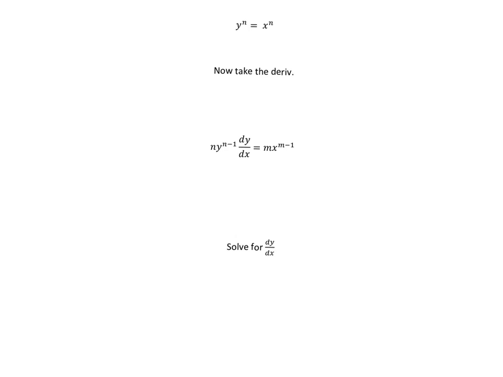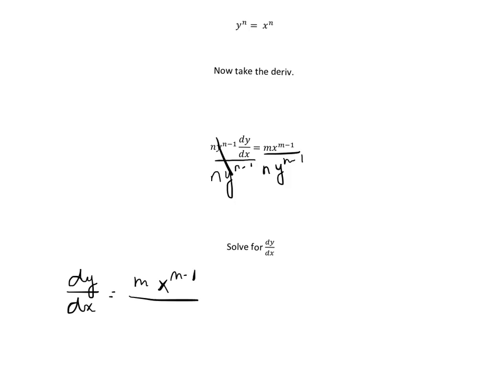We need to divide both sides by n y to the n minus 1 power, and obviously that's going to cancel out on both sides. So now I'm left with the derivative is equal to m x to the m minus 1 power over n y to the n minus 1 power.